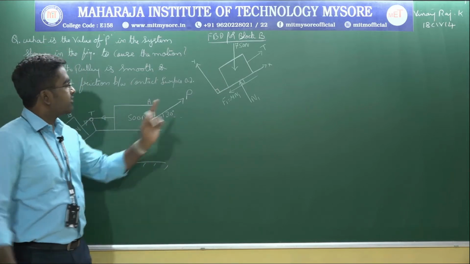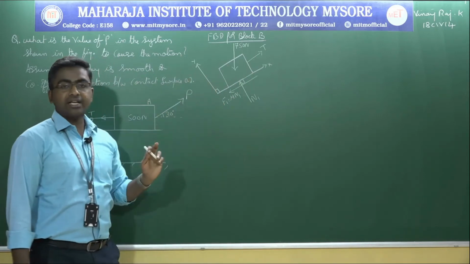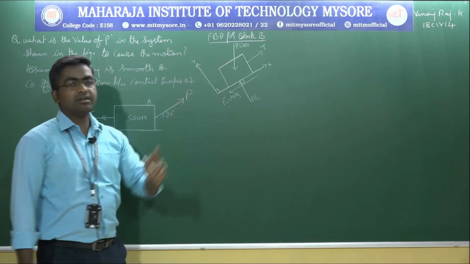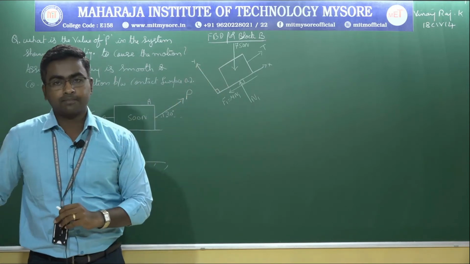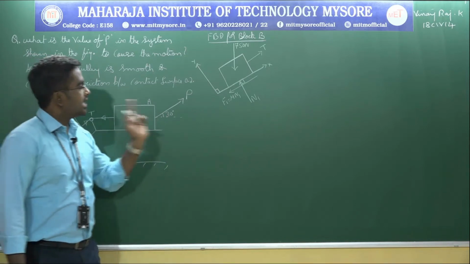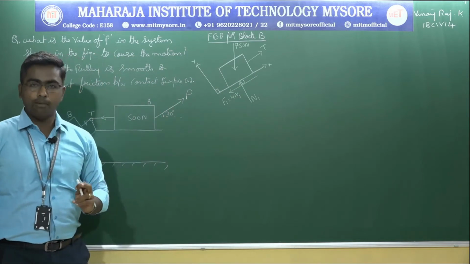According to this coordinate system, 750 Newton is the inclined force. So now I need to resolve the 750 Newton force in the direction of x and y. I need to find the components.